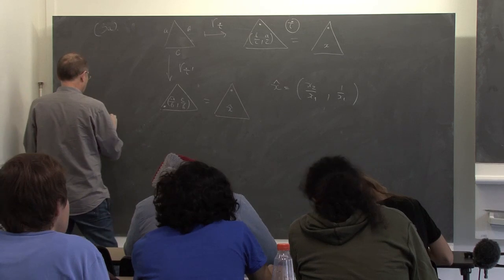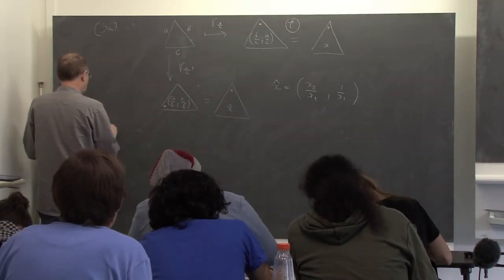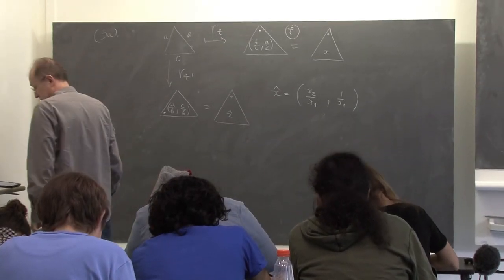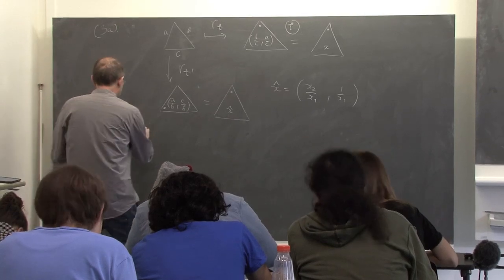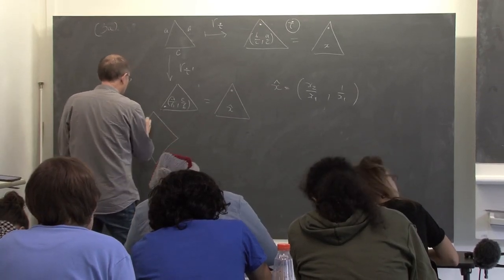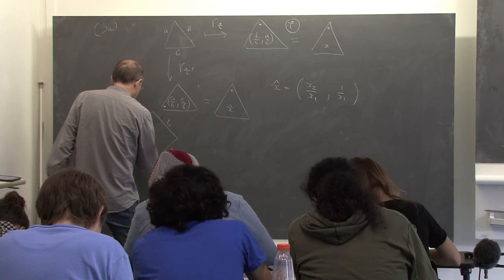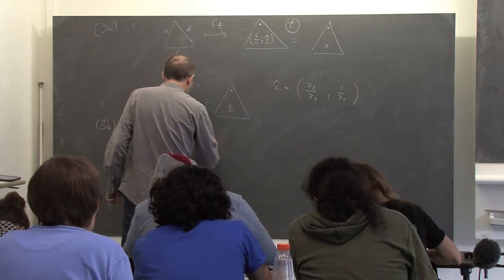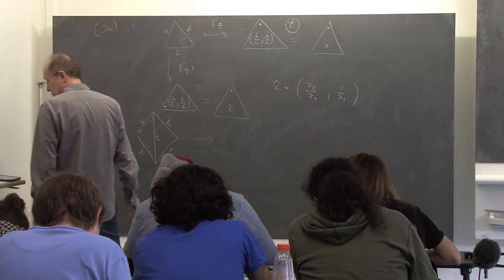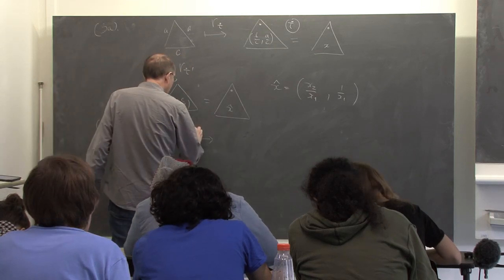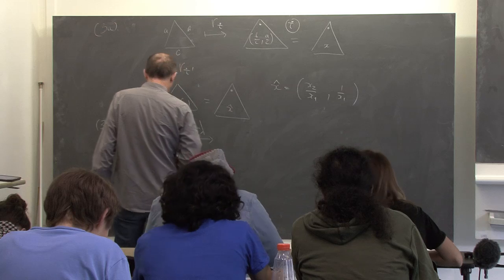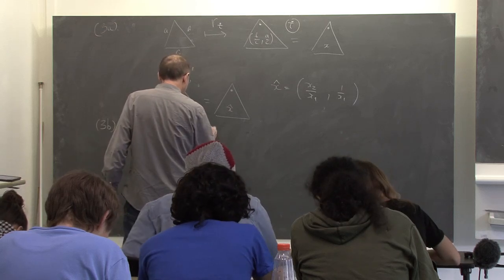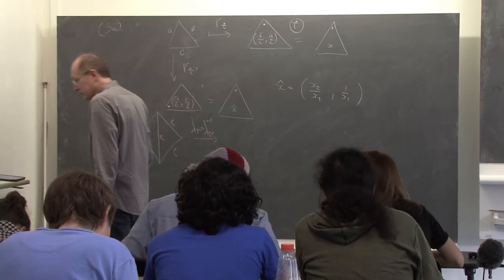(3b). So we have a starting picture like this: A, B, C, D, E. And we go with lambda tau composed with lambda tau prime inverse.